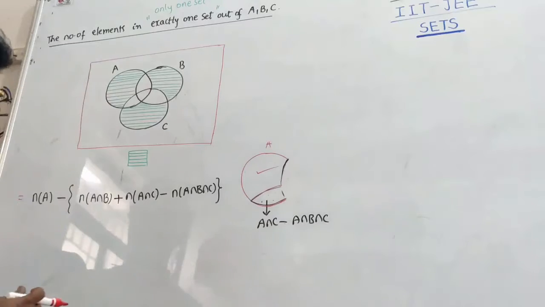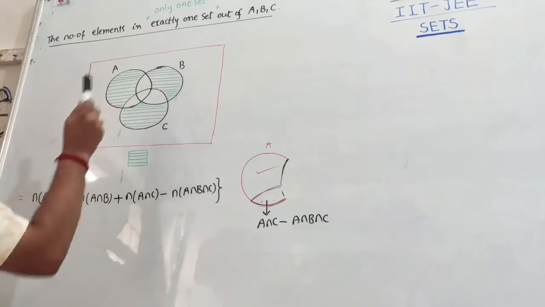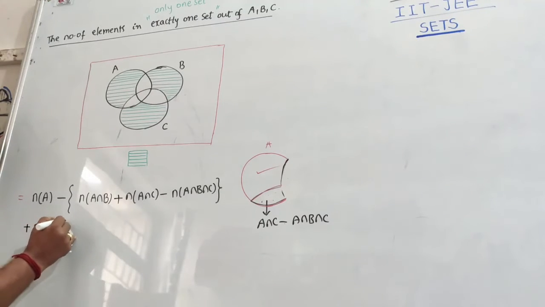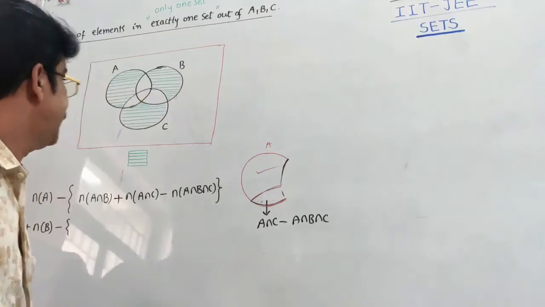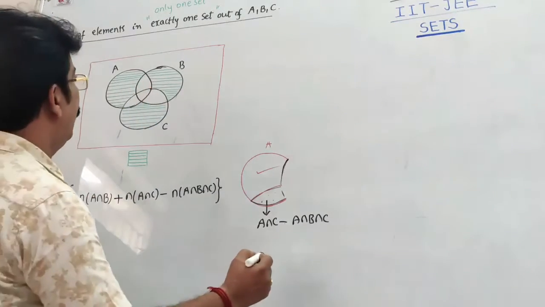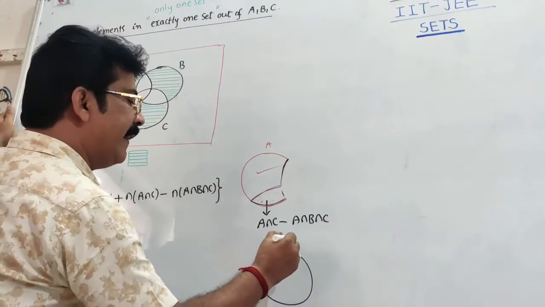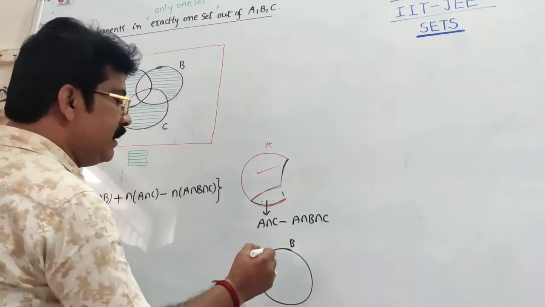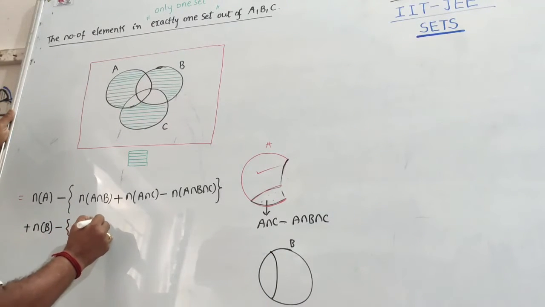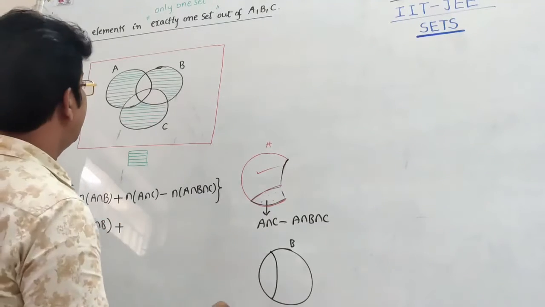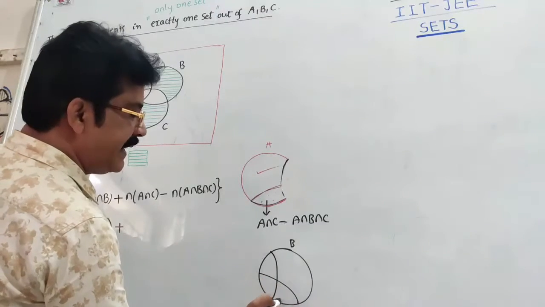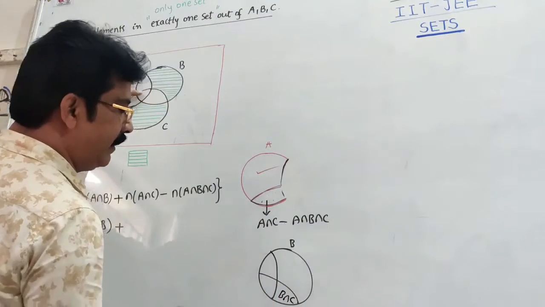Next, with respect to B, plus n of B minus. Similarly, tell me this area. So B means this is capital B. We are deleting first A intersection B, n of A intersection B, plus later we are deleting this area, the BC area.